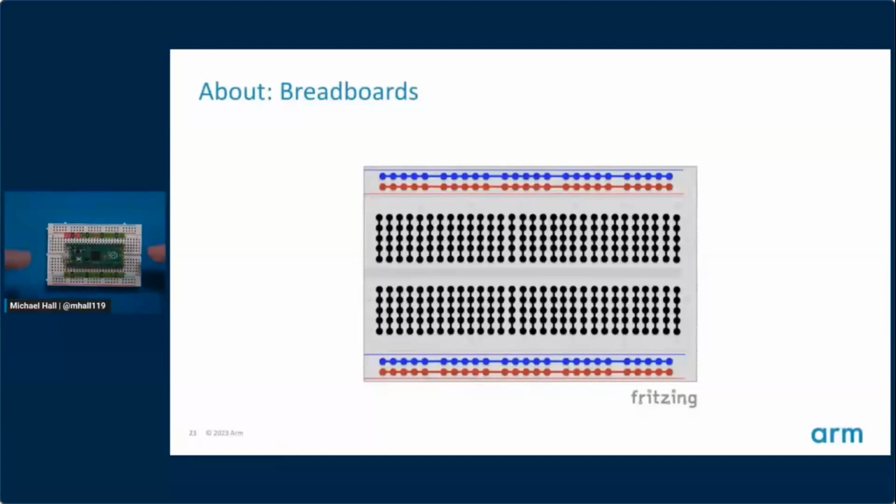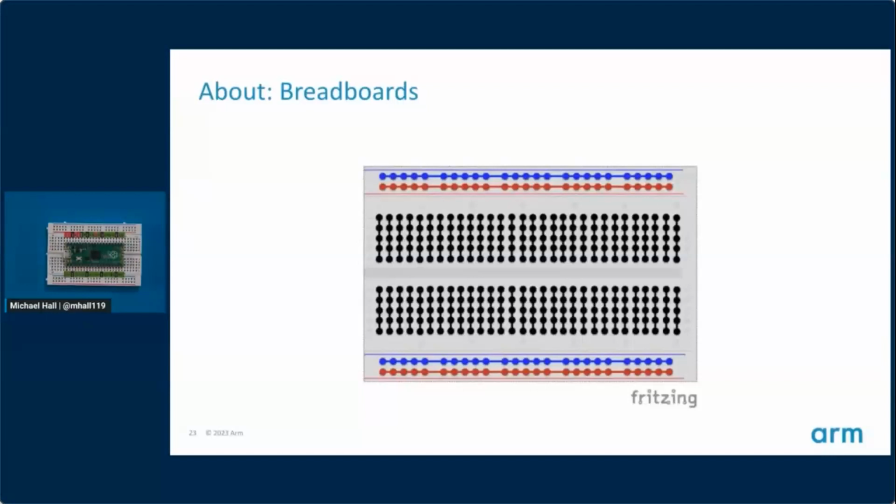The way they work is these middle rows here all have connections that go kind of perpendicular. You can see in the screen here, they're all connected that way. And then you've got these rails on the side, which are all connected kind of parallel to the board. Those are handy if you are going to be connecting a lot of devices together. You can provide one input voltage and one ground pin to those rails and then connect everything up to that as well.